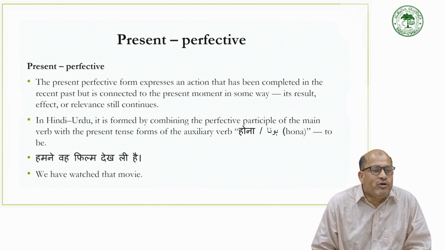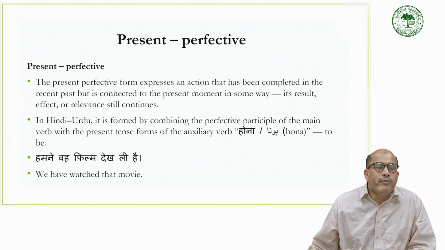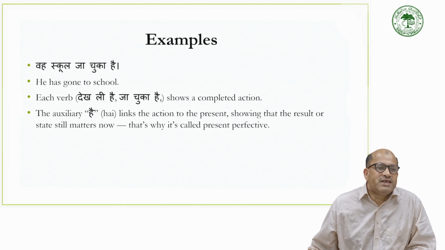In the example, if you look at this, हमने वो फिल्म देख ली है. We have watched that movie. Look at the perfective tense here. It clearly shows the action. वो स्कूल जा चुका है. He has gone to school. Whenever we have देख ली है or जा चुका है, it shows a completed action, and more closely you can say giving a sense of already.